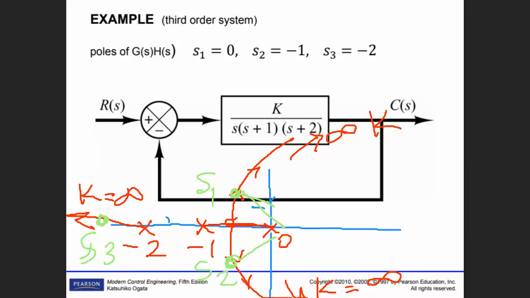However, S3 is far away from the origin, is very fast, so it diminishes or disappears. The effect is very low. So S3 is a recessive pole, S1 and S2 are dominant poles, and if you select K to produce S1 and S2, your waveform is going to be kind of a nice step response, for example.